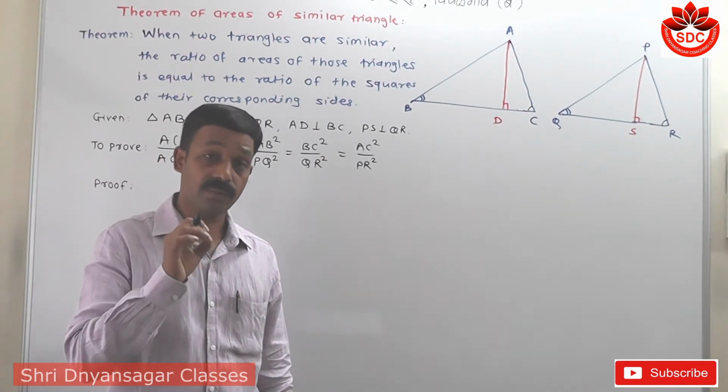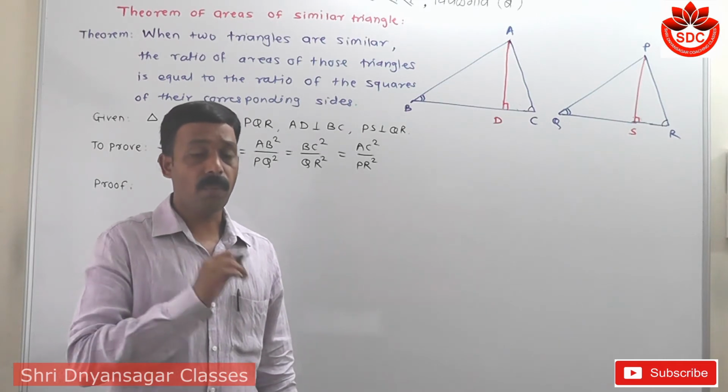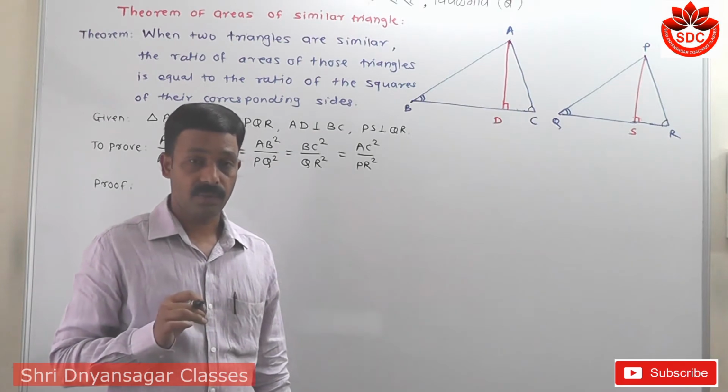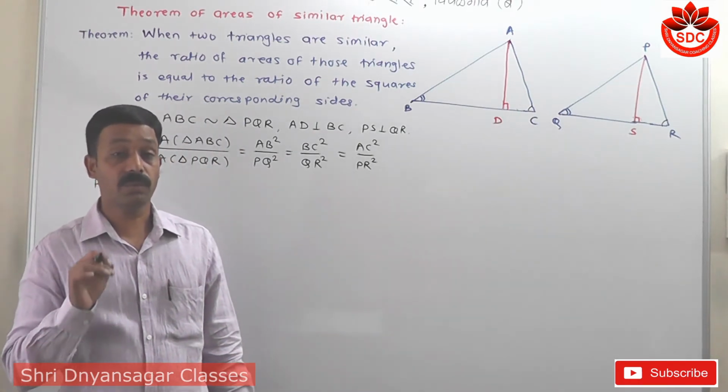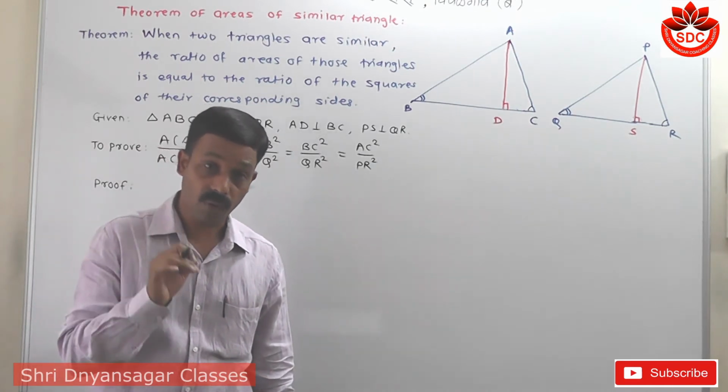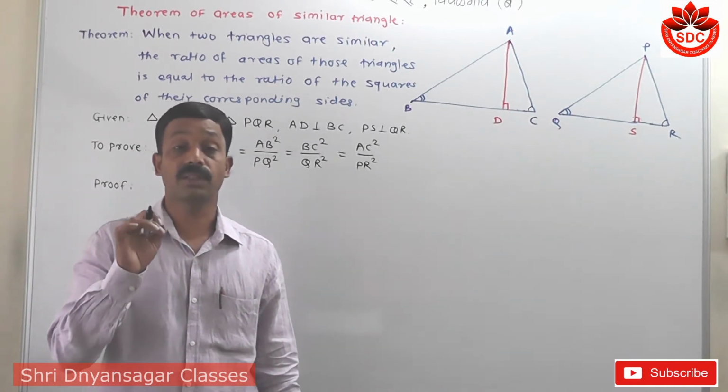So for solving this theorem, we use the first property which we studied in the first point. And the property is that the ratio of areas of two triangles, all of you know, is equal to the ratio of the products of their base and corresponding heights.